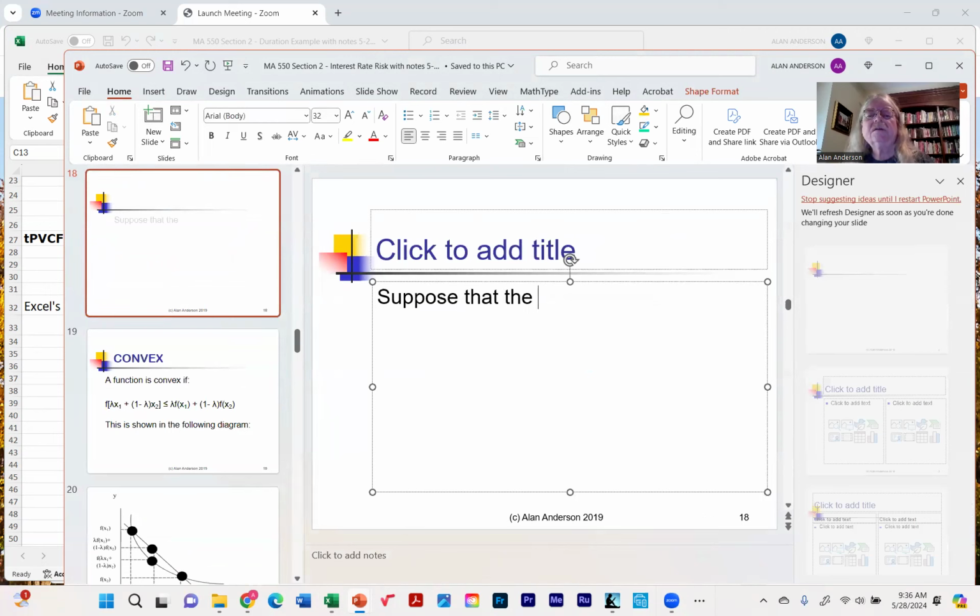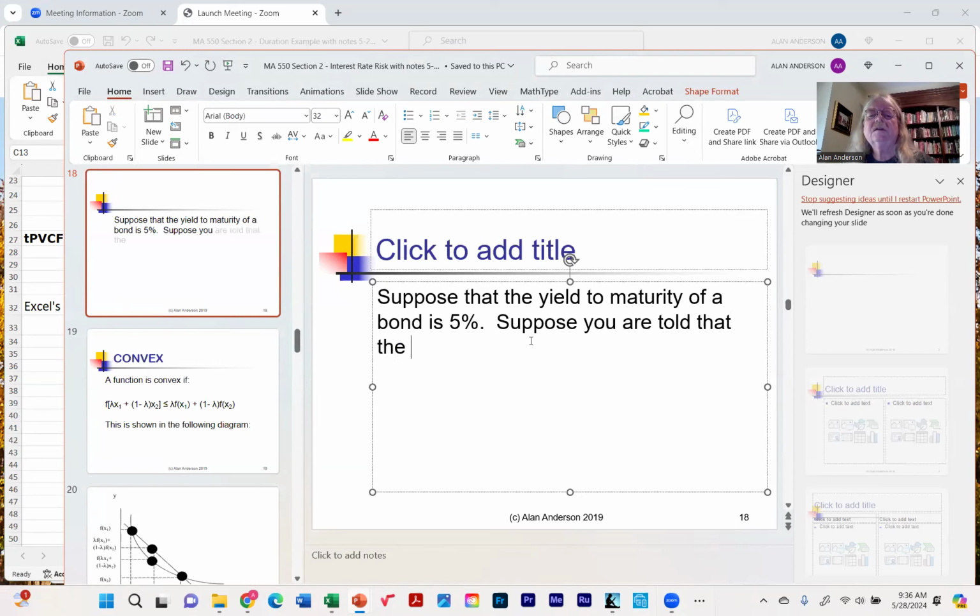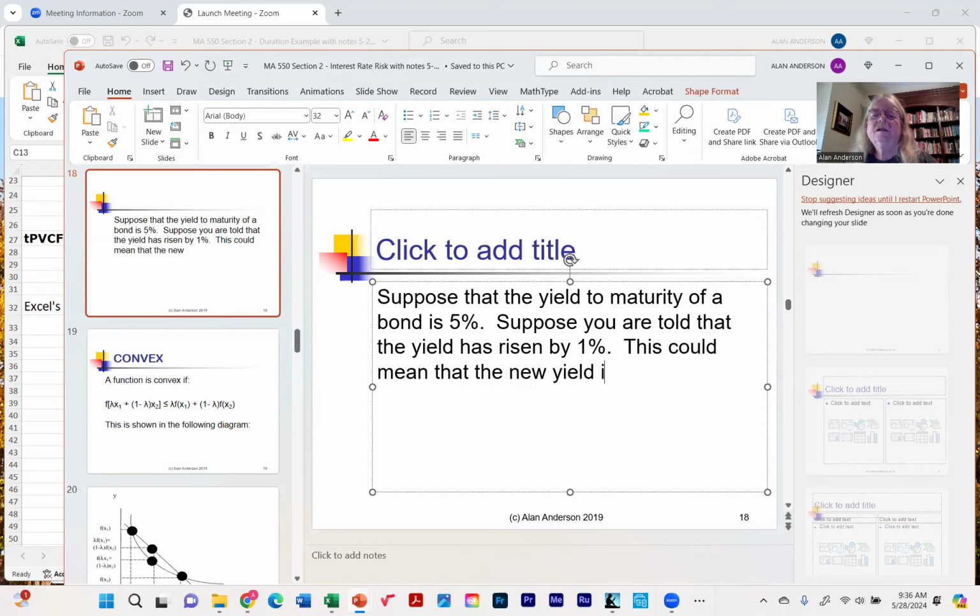Suppose that the yield to maturity of a bond is 5%. Suppose you are told that the yield has risen by 1%. Now, usually this is understood to mean that the new yield is 5 plus 1, which is 6%.